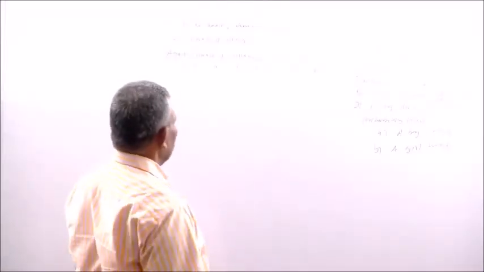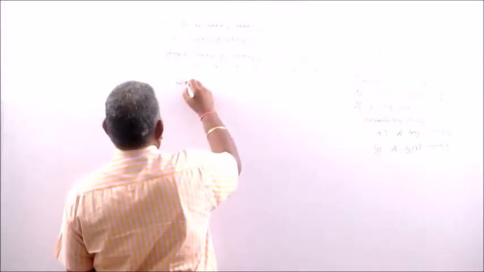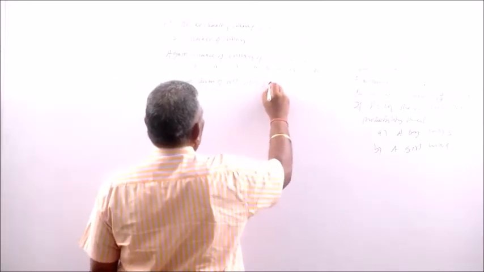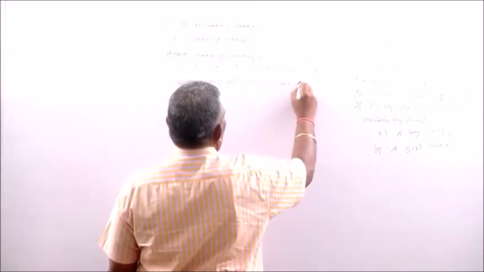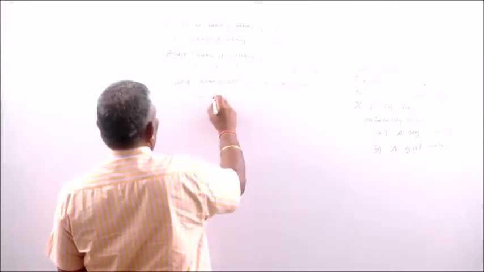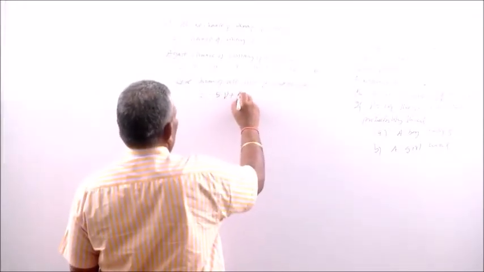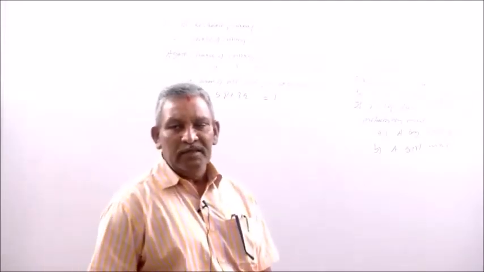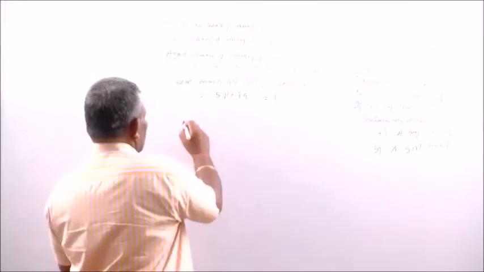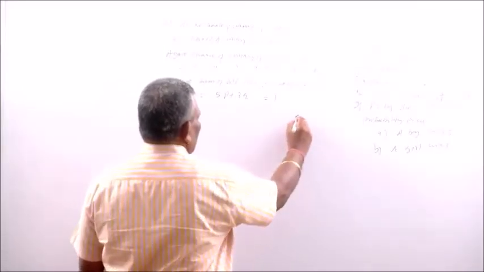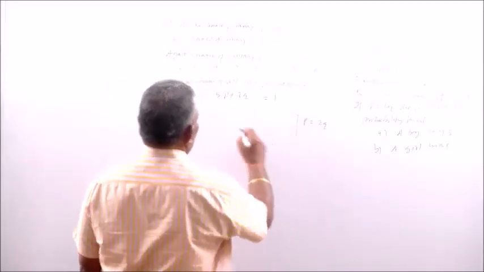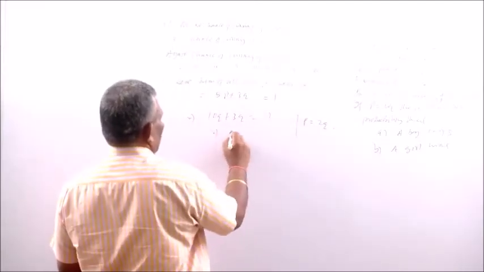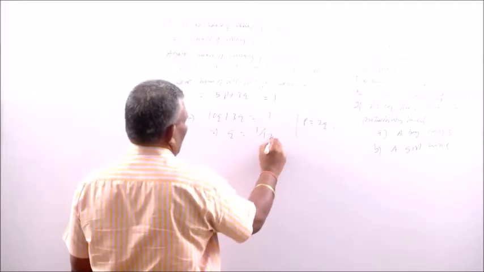The sum of all the probabilities is 5P plus 3Q, which equals 1, because I have told you that maximum probability is 1. Another condition is P equals 2Q. So 5P becomes 10Q plus 3Q equals 1. That implies Q equals 1 by 13.